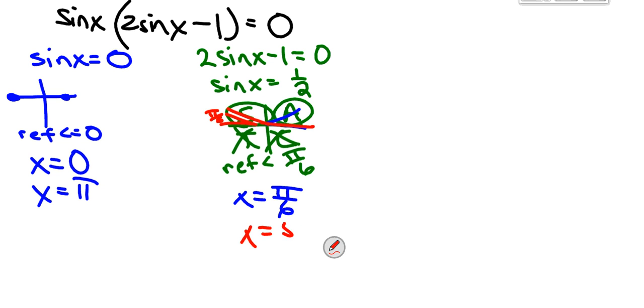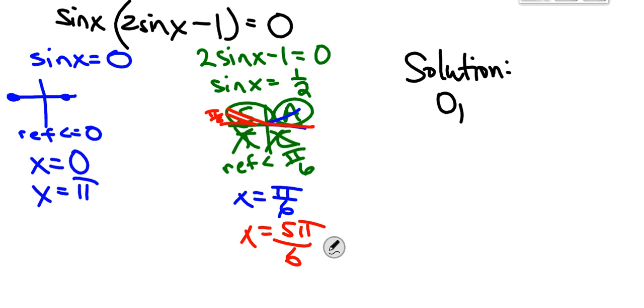So x equals 5 pi over 6 for that one. And then our solution, and am I right in thinking yesterday I said the book authors write them in order, but we don't have to write them in order. Let's see, I'll try to write them in order. Our solution is 0, pi over 6, 5 pi over 6, and pi.